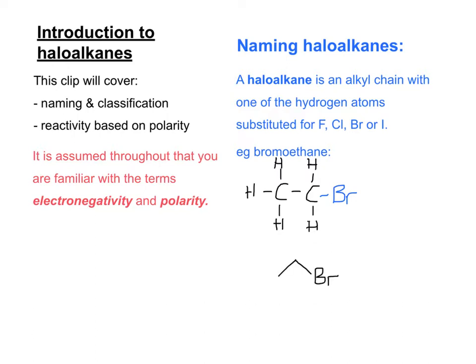this. So in other words, we'd have the carbon-bromine bond here, and we'd have the carbon-carbon bond there. If we wanted to draw the structural formula, you'd simply write this: CH3 CH2 Br.